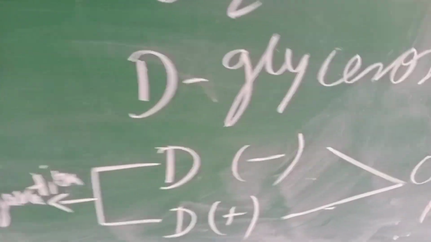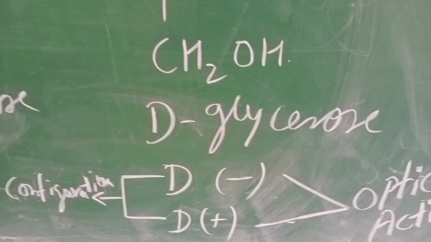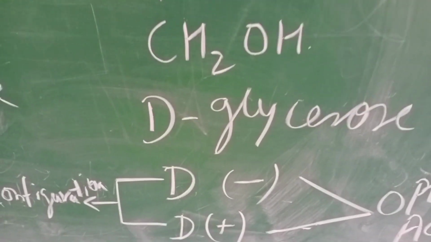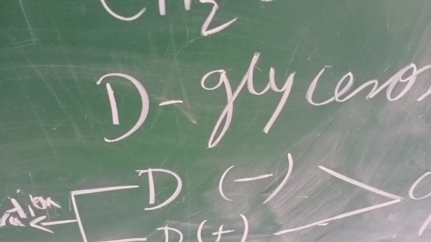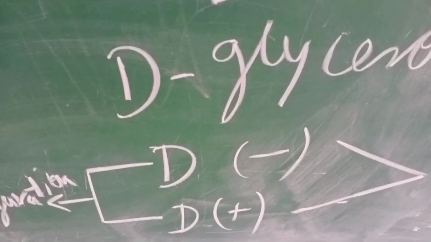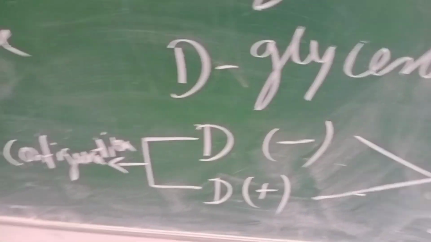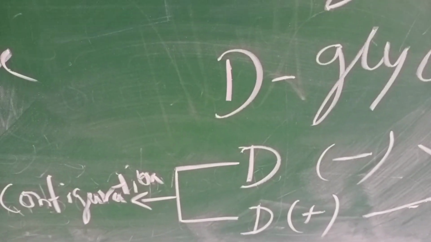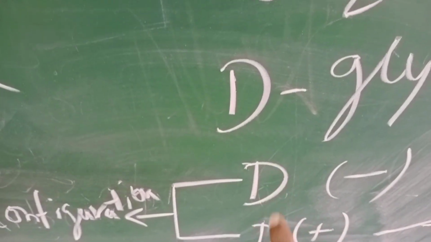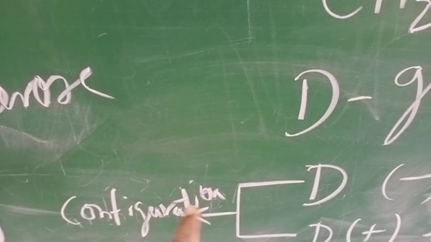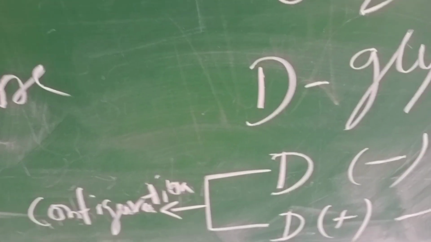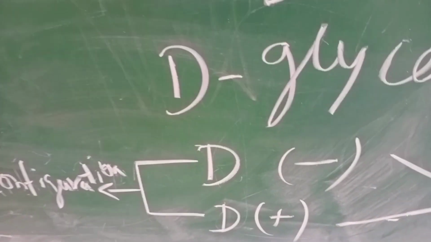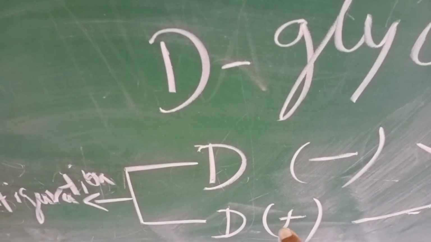Now I will further explain the meaning of the D-glycerose molecule if it contains a positive or a negative sign. Here the capital D represents the configuration in which the molecule exists.